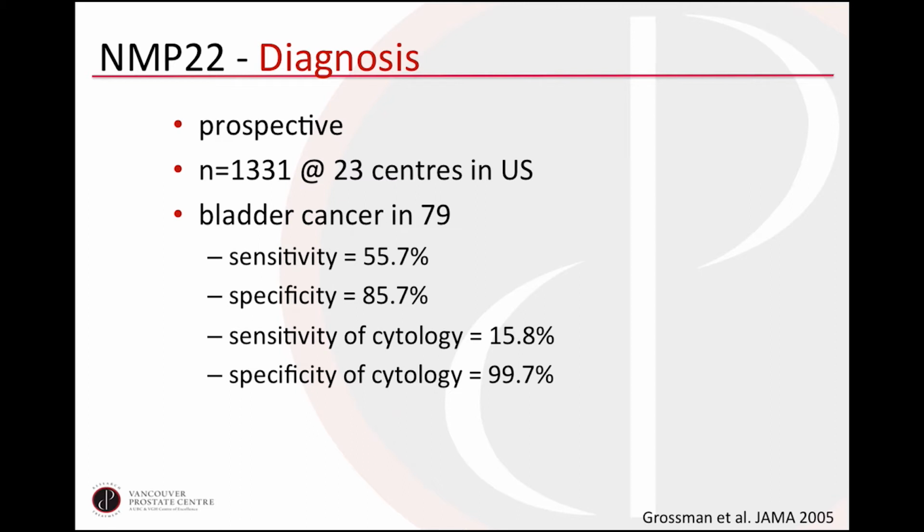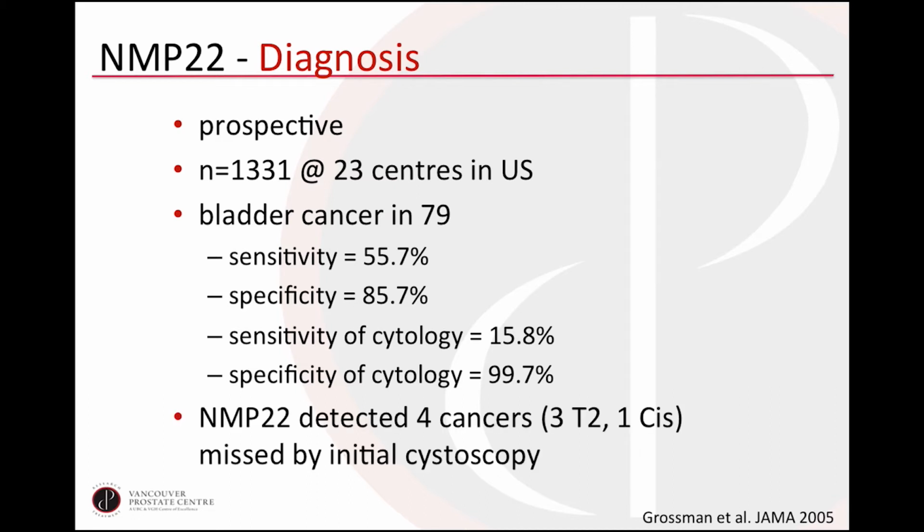The sensitivity was only 55%. Specificity was pretty good, and it was also compared to cytology. But overall, I think we'd agree that this level of sensitivity is not adequate. The negative predictive value was approximately 96%, but since the vast majority of patients don't have tumor, it's relatively easy to have a high negative predictive value. There were 4 patients who had tumor detected by marker only and not by cystoscopy.